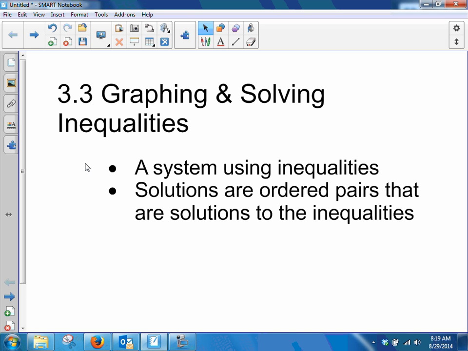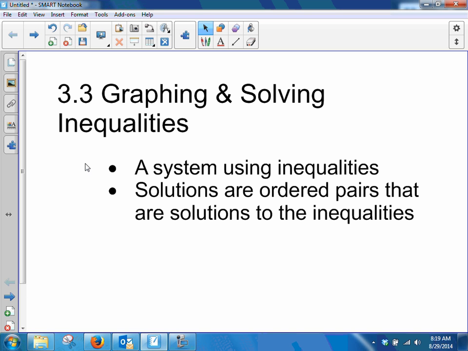So which is going to be which? Which one should be a solid line? When you have an equal to, very good. And then the dotted line is when it's just less than or greater than, okay, because you're not technically going to include, okay?